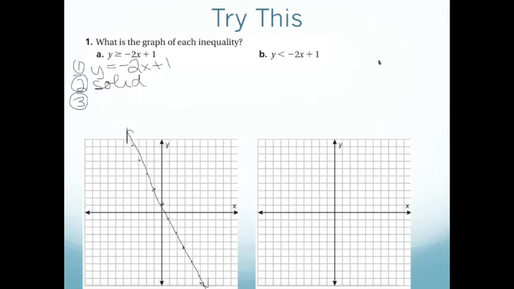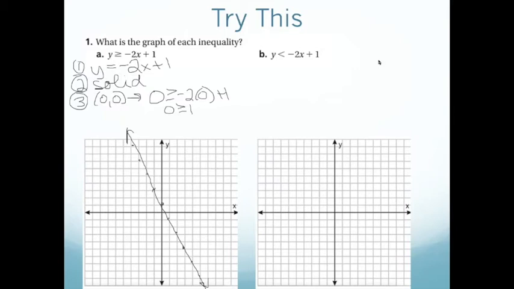So I'm going to pick a test point. 0, 0 is not on my line, so let's test 0, 0. I'm testing it, and that's why I'm changing this to 0 is greater than or equal to -2 times 0 plus 1. Is 0 greater than or equal to 1?